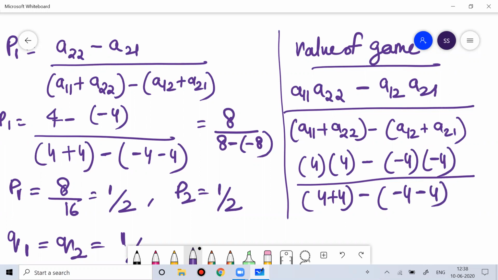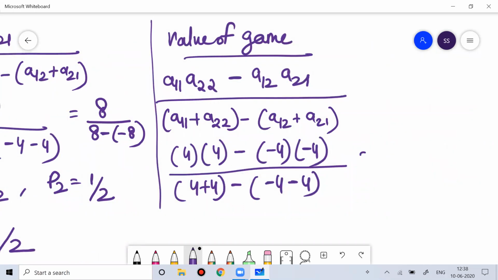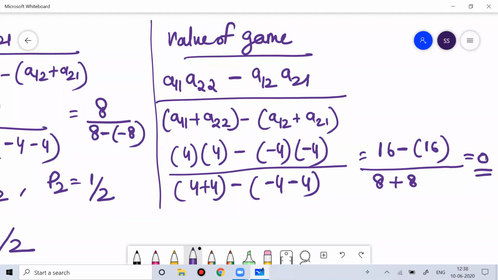If you solve this, it is 16 minus 16, and whatever your denominator is, 8 minus minus 8, this would be 0 only. So the value of your game would be 0 only.